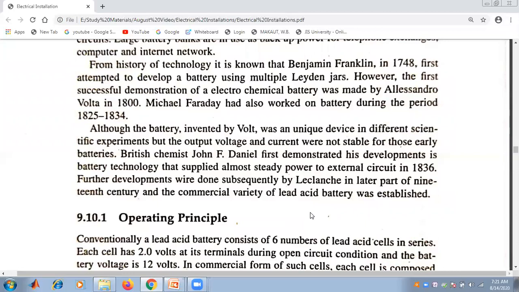So the British chemist John F. Daniell first demonstrated his development in battery technology that supplies almost steady power to the external circuit in 1836.